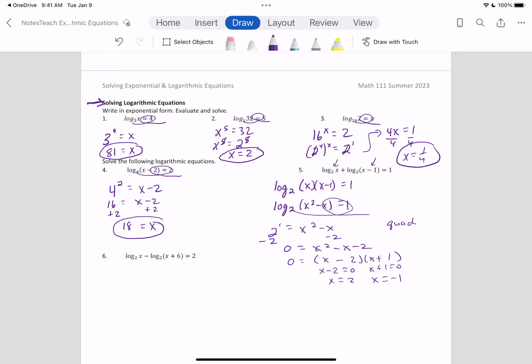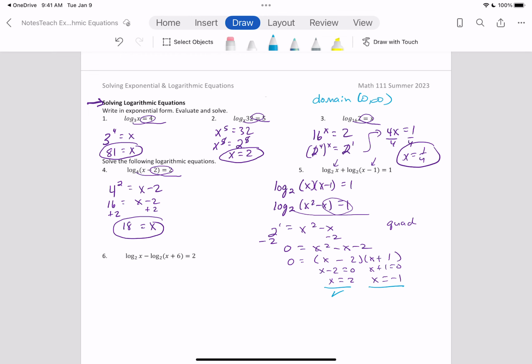Now, you may remember or not that in a previous lesson we talked about the domain for the logarithm function. This is the first place where a problem or an issue comes up. If you remember, we said that the domain is 0 to infinity. So it means that what we're taking the log of has to be a positive number. Well, we just got x equals 2 and x equals -1.